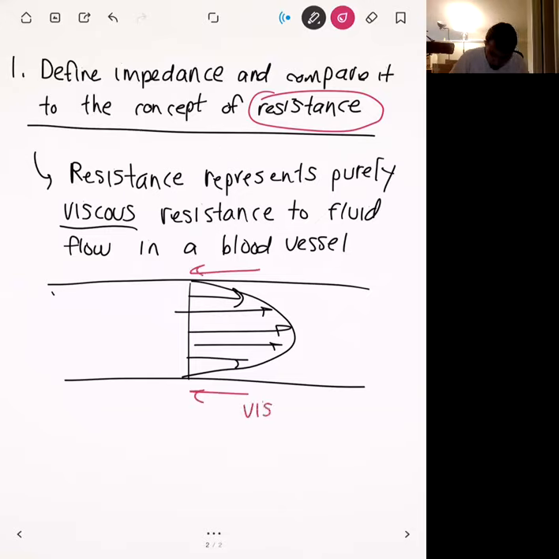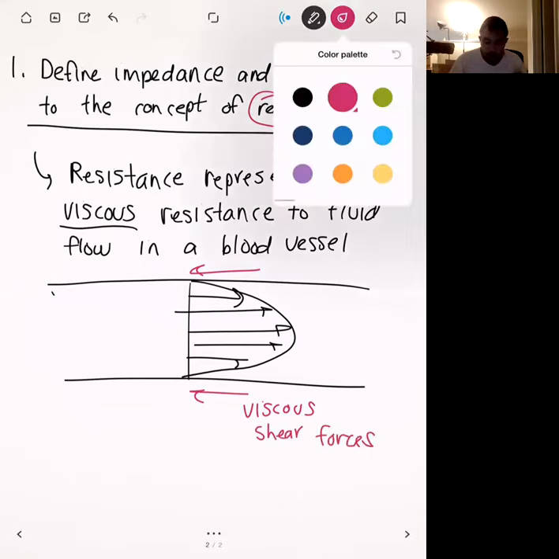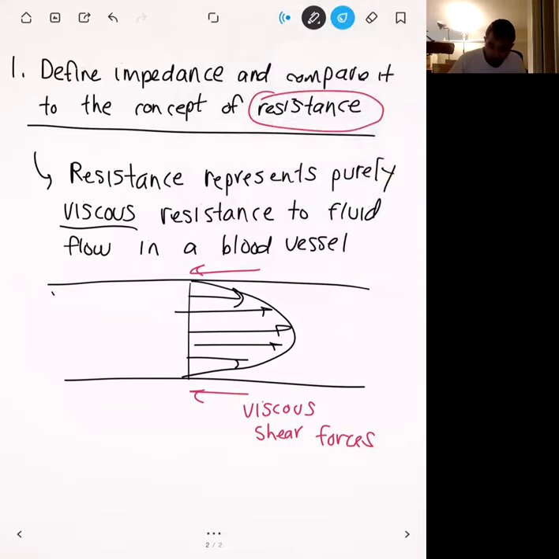Of course, these are most prominent near the wall, but you get these viscous shear stresses all throughout the fluid. Viscous shear forces always act to impede the flow. Viscous shear never really helps the flow. In this situation the flow wants to go to the right, but the viscous shear forces are pulling it back. Viscosity is the same thing as friction, so the way that you understand friction is the same for viscosity.